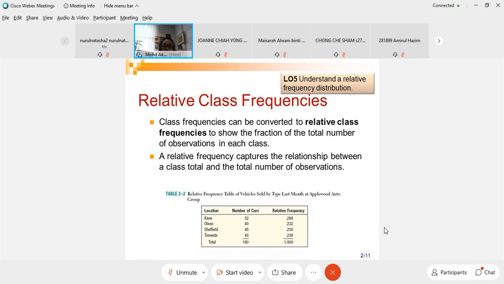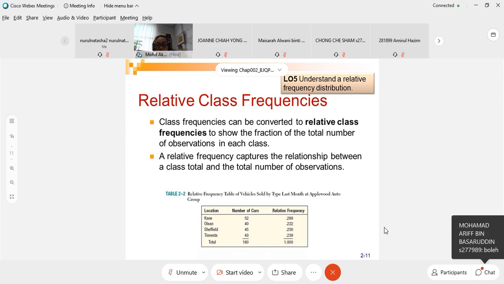Okay? How do we get relative frequency? Any questions about how we get relative frequency here?